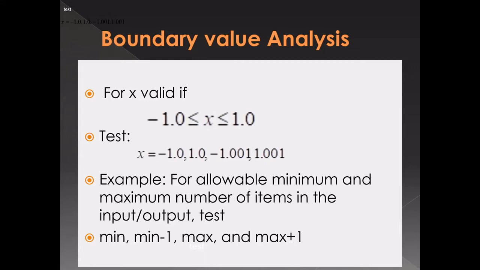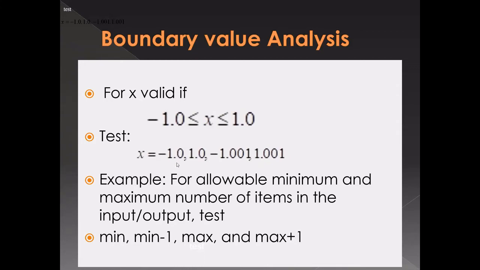For boundary value analysis, what you usually do is you get the minimum, say minimum is minus 1.0, and minimum minus 1. You have to get the minus 1.0 and can you see minus 1.001. So that is a little less than the minimum.